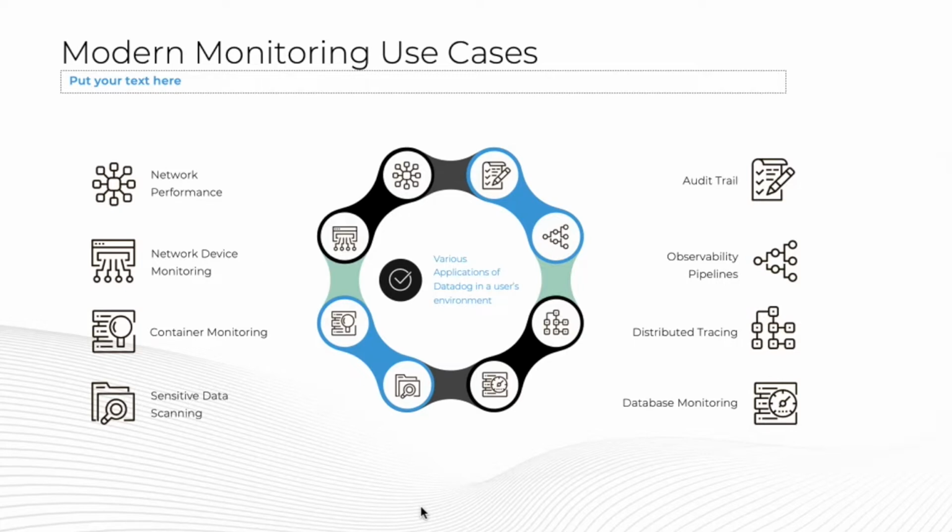We can do scanning for the data as a part of the monitoring and security services provided by my monitoring system, building an audit trail as a part of my log management, building some observability pipelines as a very mature layer of the log management, where we can control the routing of these logs from different sources and deliver them to different destinations in order to do any transformation, to clean these logs and keep only the important logs, and do some kind of normalization on the logs itself.